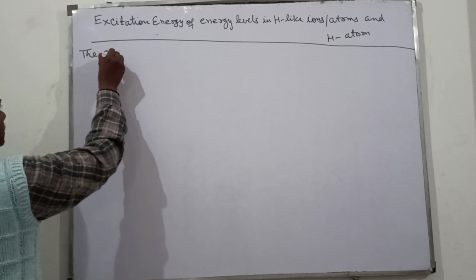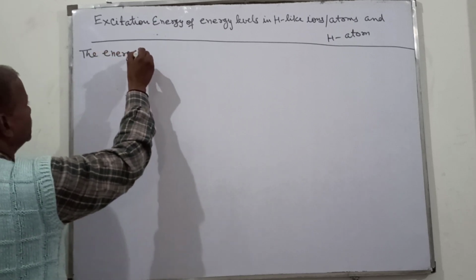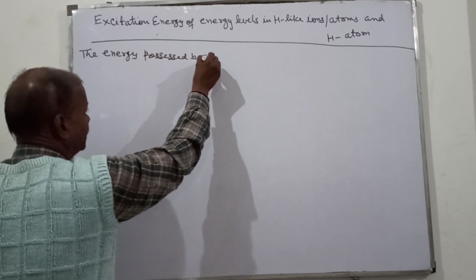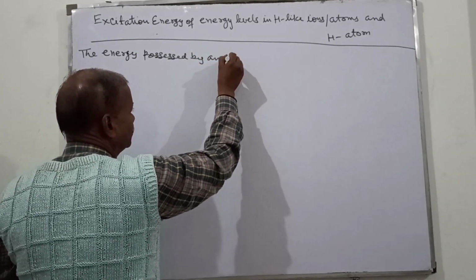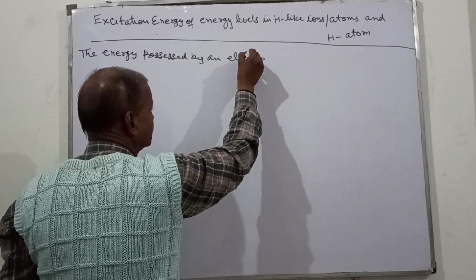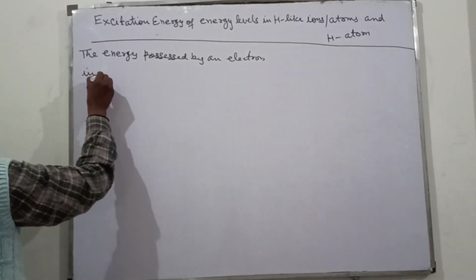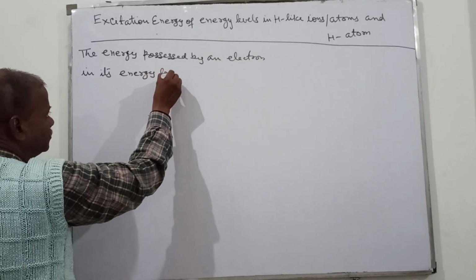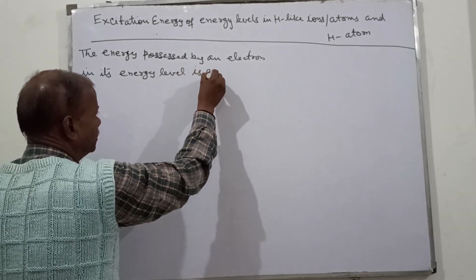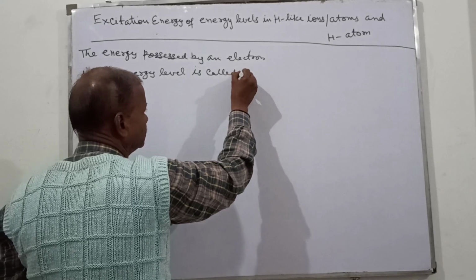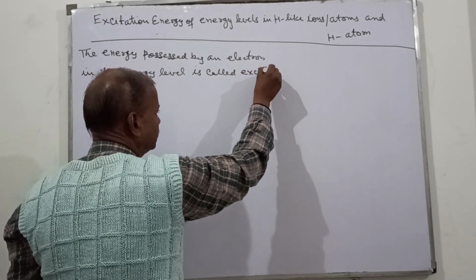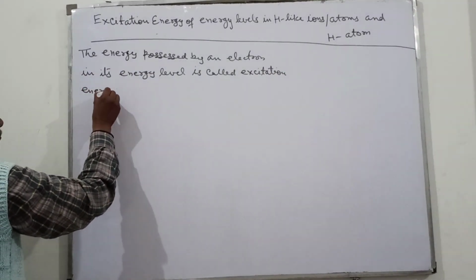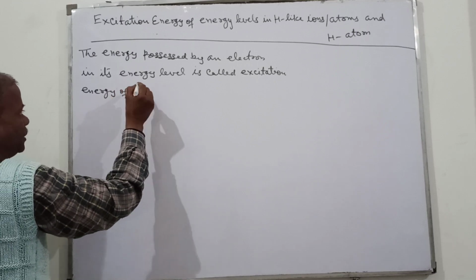The energy possessed by an electron in its energy level is called the excitation energy of the energy level.